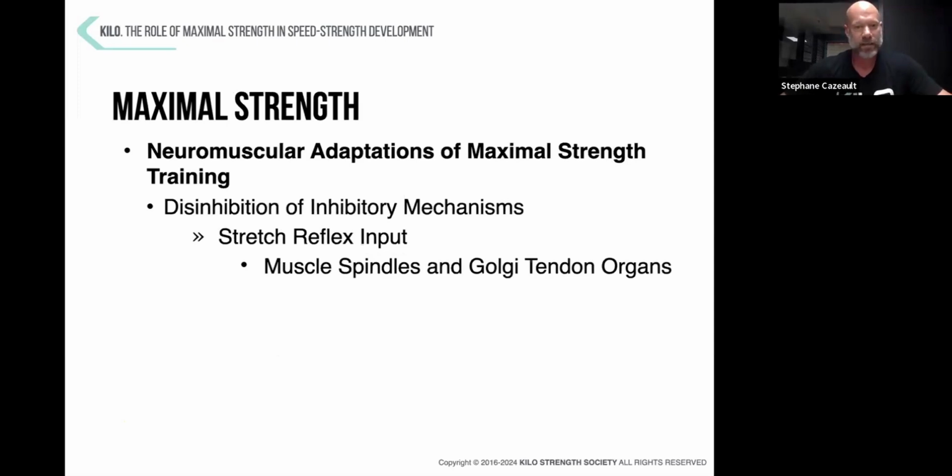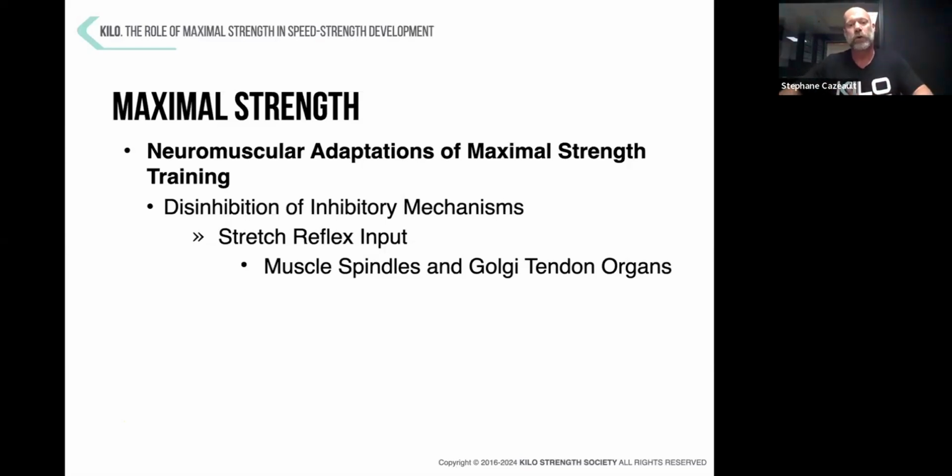With heavy weights, you get this stretch reflex input where, when you're lifting heavy weights and you're in the bottom of a bench press, for example, the Golgi tendon organs will feel that the load is too high, and it's going to not allow you to keep generating force in order to protect itself.